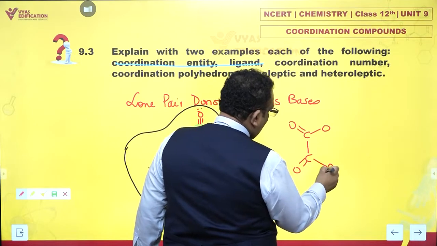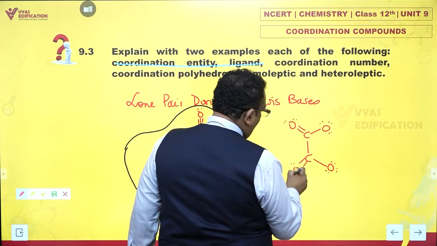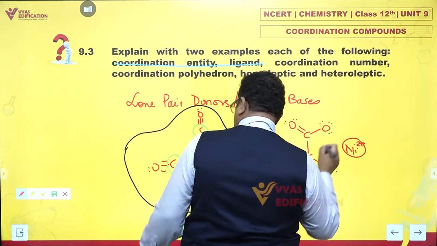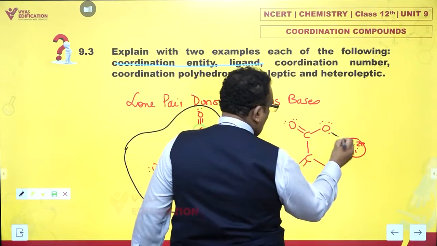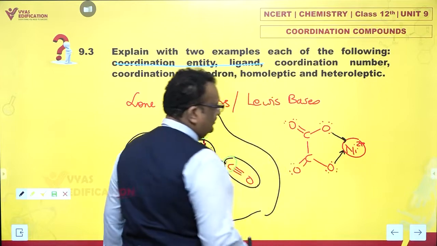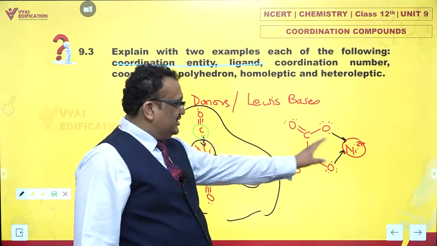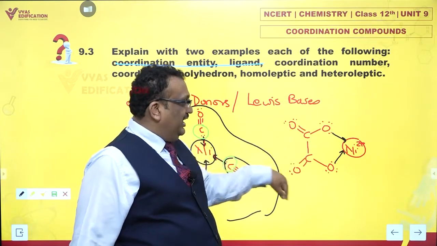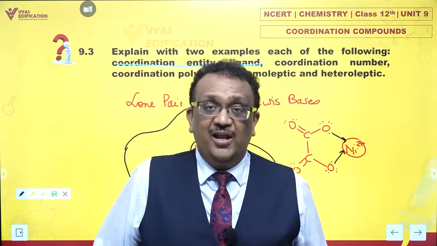Why? Just look at this. I have a lovely oxalate ion, and the loveliness of the oxalate ion is that it can donate not 1 but 2 lone pairs to nickel, like this. Now if this is the only thing, what is the coordination number of nickel? It has only one ligand attached. But how many ligand atoms? 2 ligand atoms are directly attached.